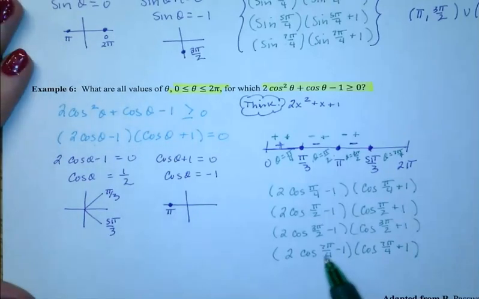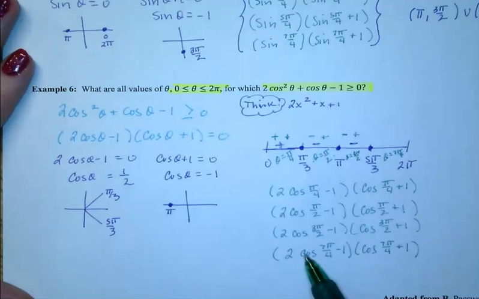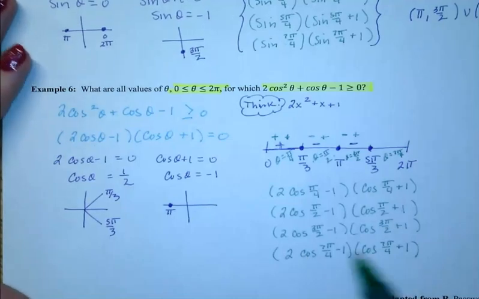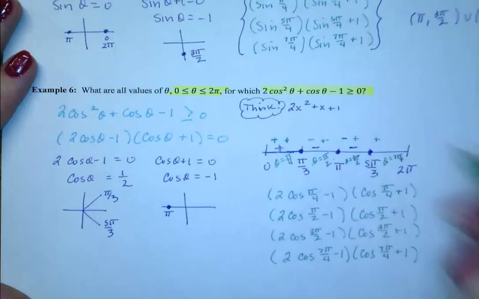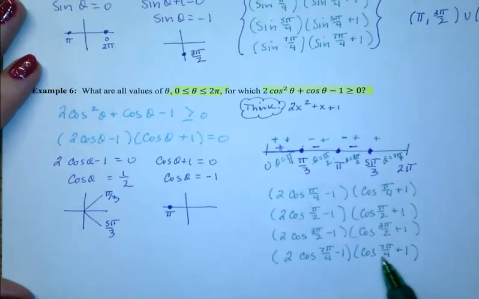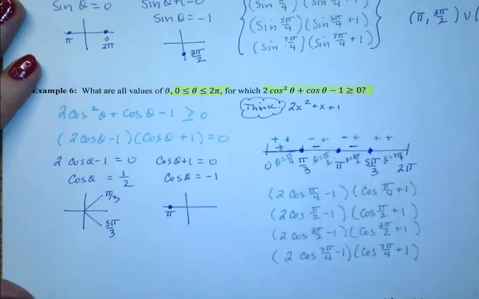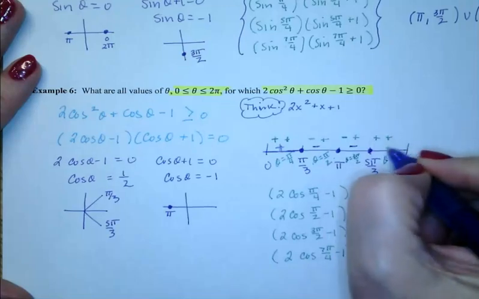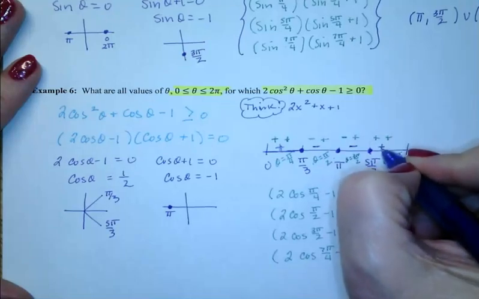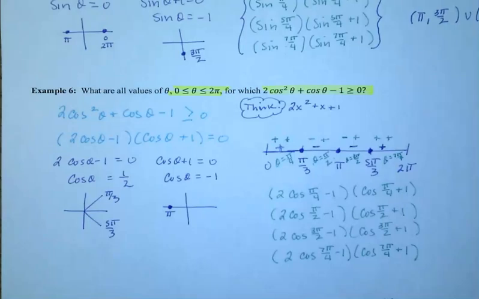So 2 times a positive root 2 over 2 is going to be bigger, and so then I'm going to get a positive. And then here I'm going to get root 2 over 2, just positive plus another positive gives me a positive. And so that means the overall part of the number line has function values that are positive.